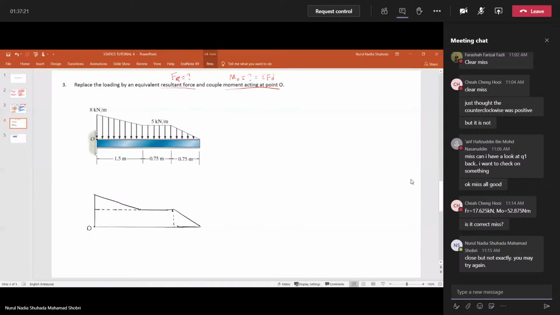And then you can see the moment here is 5 kilonewton meter. So that means the limit up until here is actually 5 kilonewton meter. And from here until here is actually 8 kilonewton per meter.